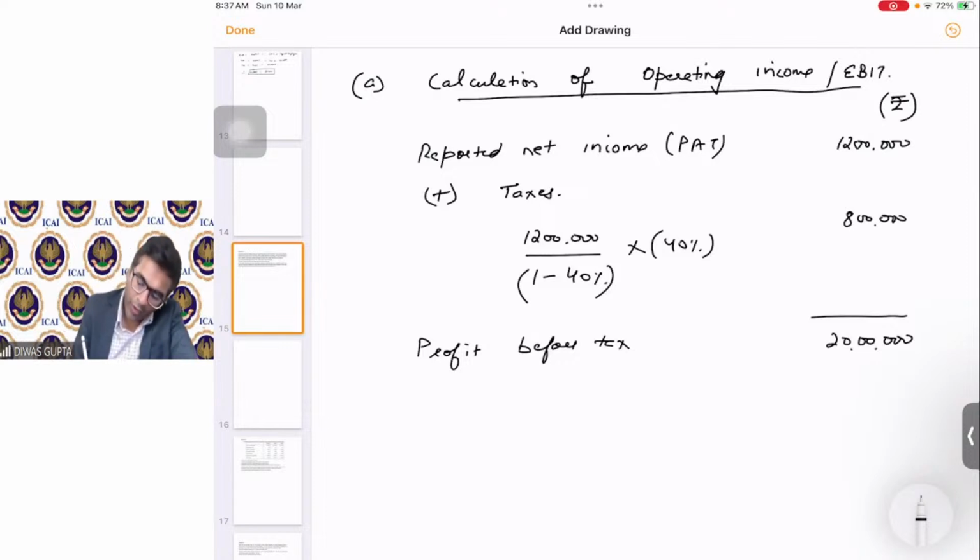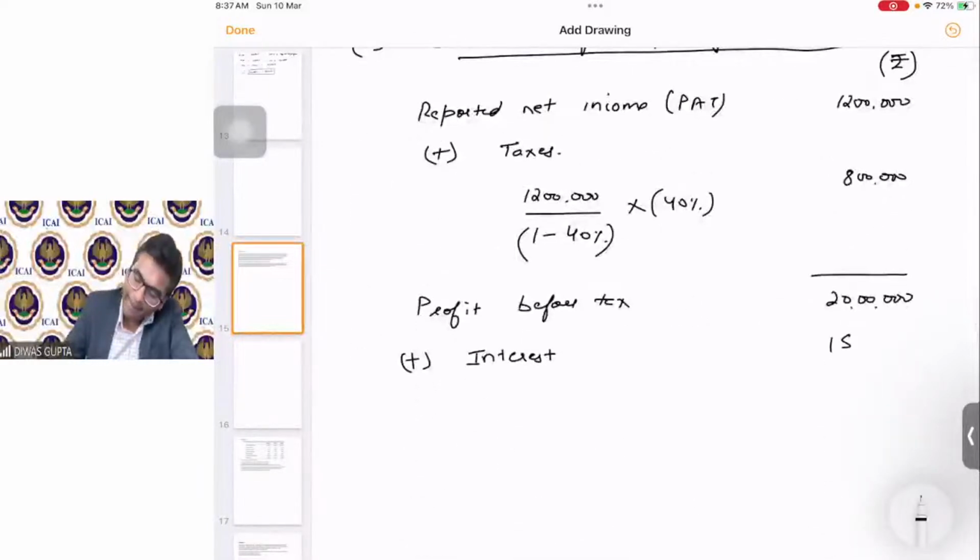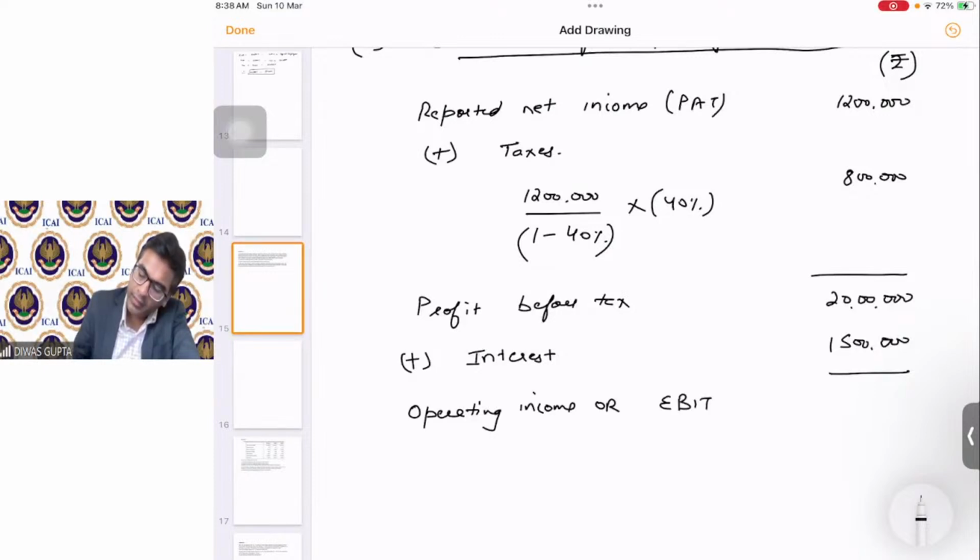From this, we add our interest to arrive at EBIT, right? Which is how much? 15 lakh. So EBIT becomes 35 lakhs. Operating income or EBIT becomes 35 lakhs.